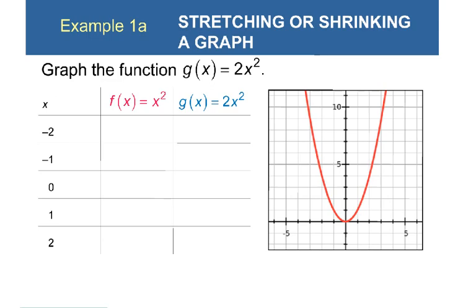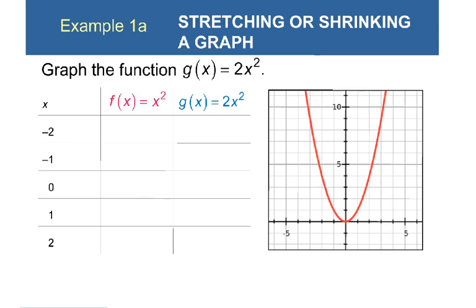I'm just mainly going to be using the squaring function here as a good example for all the different types of things that we can have done to a graph of a function. Let's look at this one real quick though.